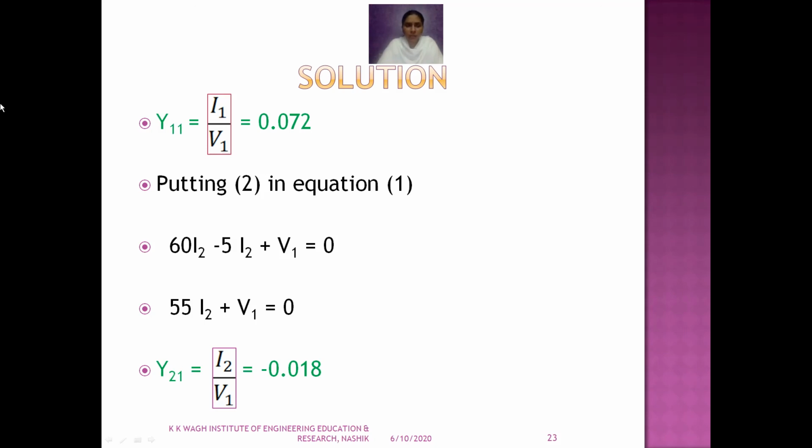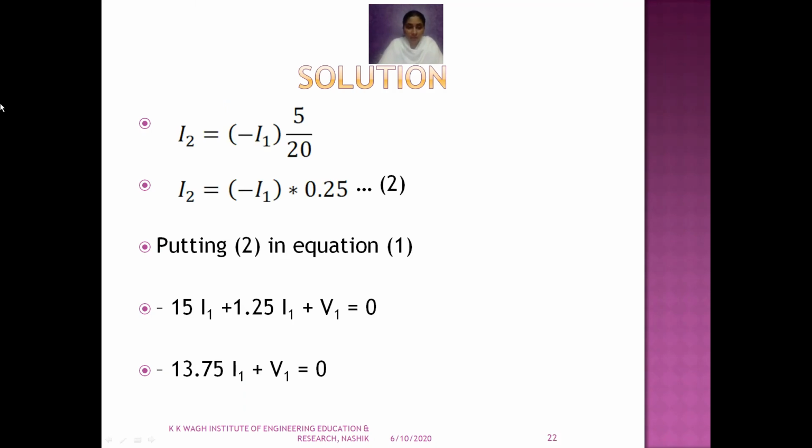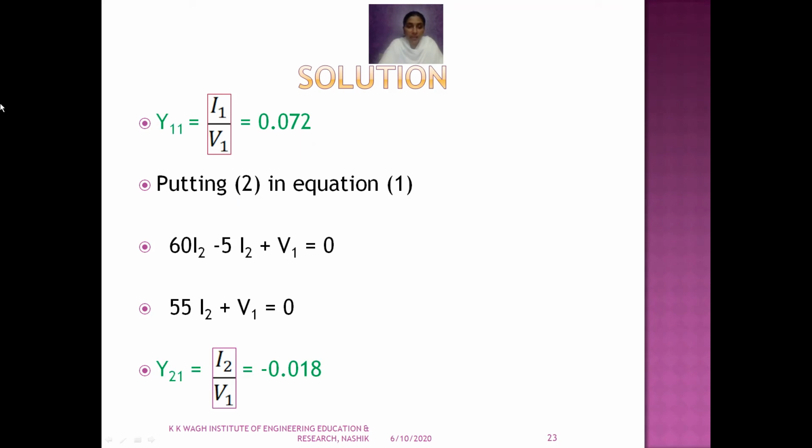Now, if we put equation 2 in equation 1 again, what do we get? For the first replacement, I substituted the value of I2 in terms of I1 and got Y11. Now again I am putting 2 in 1 and this time I am eliminating I1.